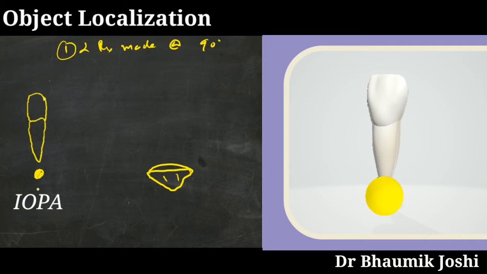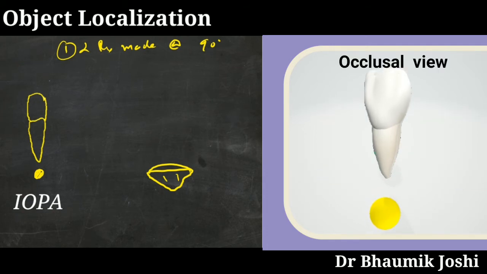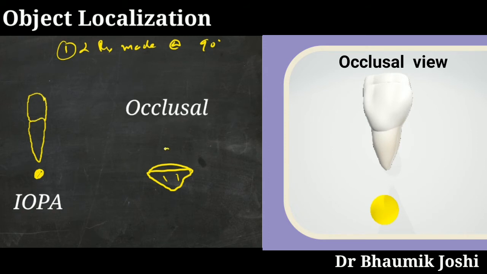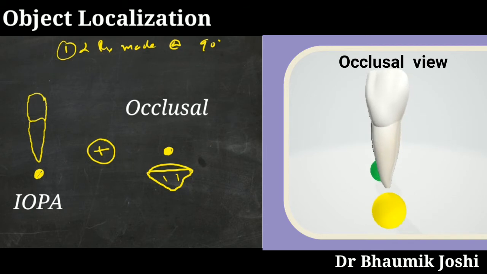So for this case, we need to get a 90 degree view, that is the occlusal view. When you see this particular tooth in the occlusal direction, as it is visible from the occlusal radiograph, you can tell that the object that was appearing periapical is present periapically but in the buccal direction.